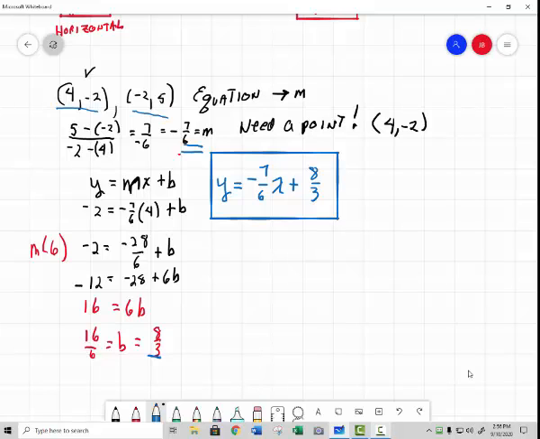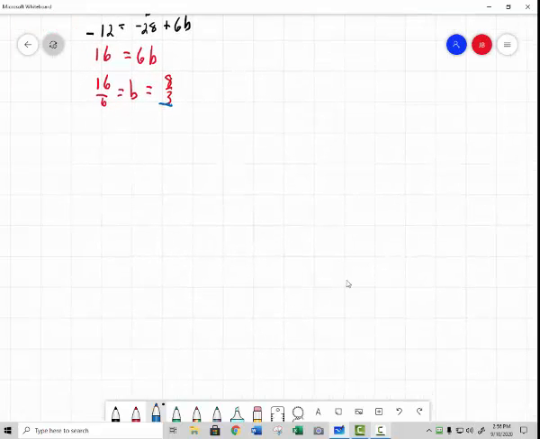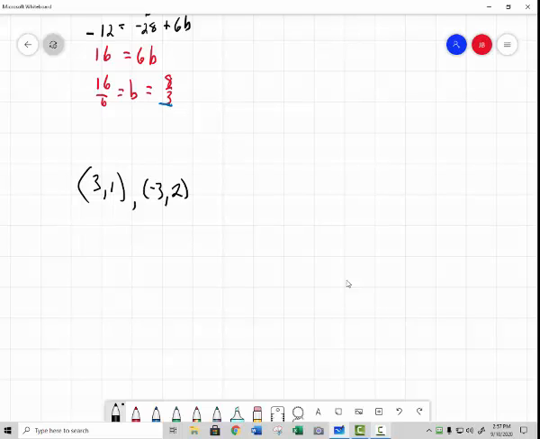Okay, let's take a look at one more. Now, like I said, you guys can use the point slope method if you want to. I prefer the Atherton method. Let's try (3, 1) and negative 3, 2. Okay, first of all, I have to calculate the slope.